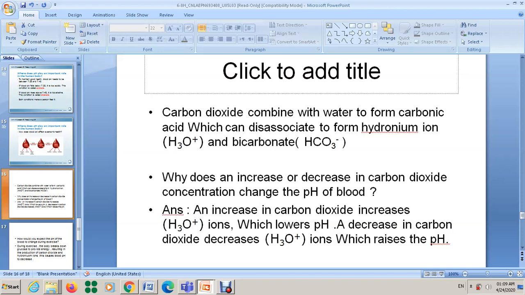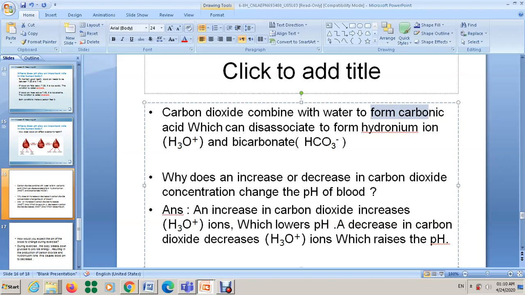And we mentioned in the previous video that when a non-metal oxide reacts or combines with water, it will form an acid. You remember this part? So carbon dioxide is a non-metal oxide. When it combines with water, it will form acid.